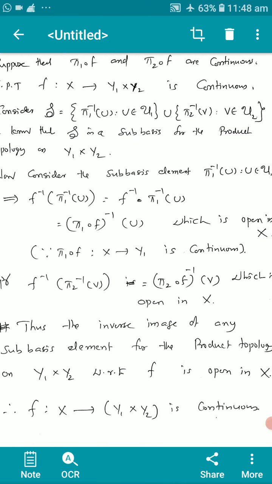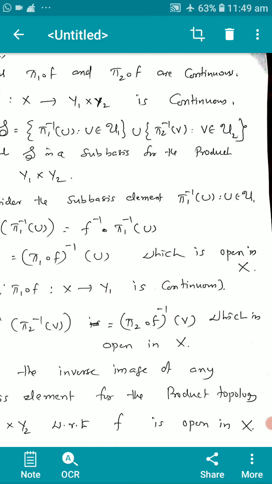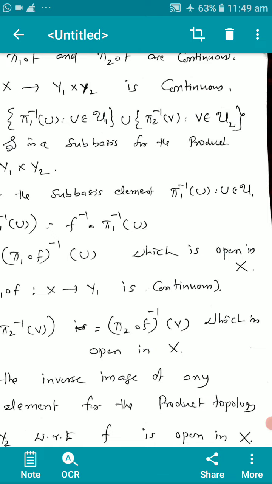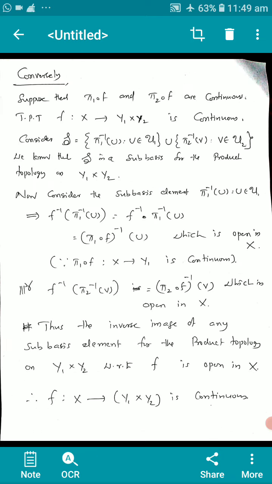Then what comes? F inverse of pi 1 inverse U. What is that? F inverse of pi 1 inverse U can be written as pi 1 composite f whole inverse of U. You know that the inverse of f composite g is g inverse composite f inverse. This is open in X, since pi 1 composite f from X to Y1 is continuous.